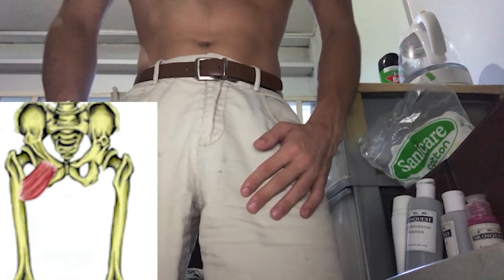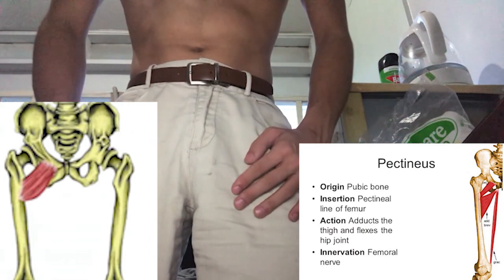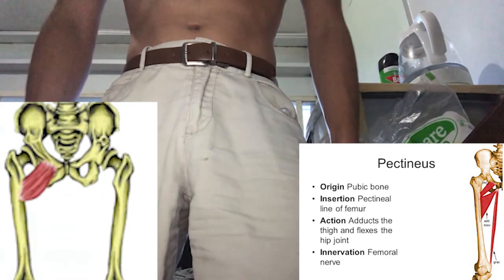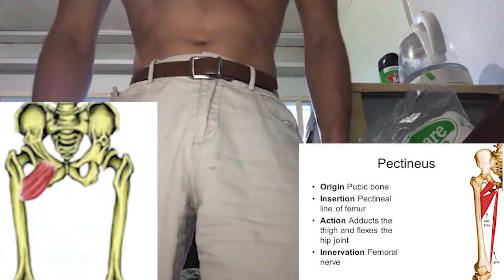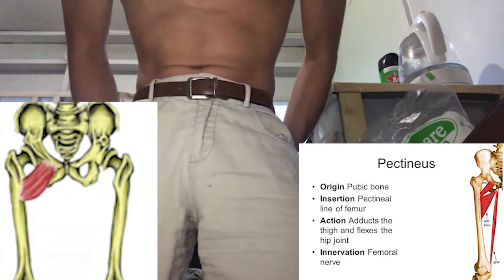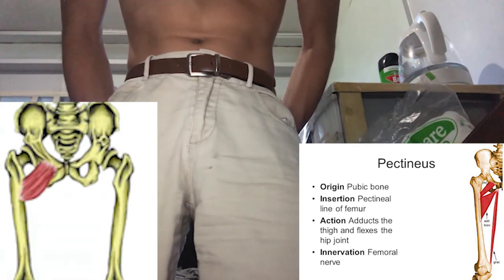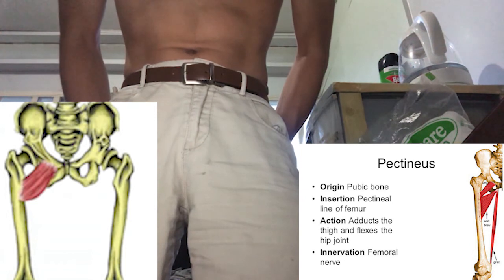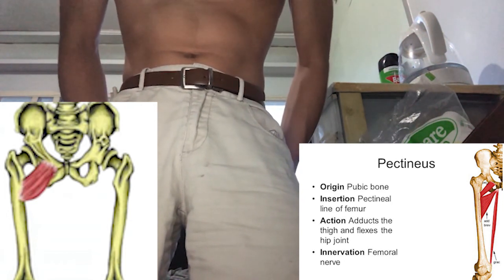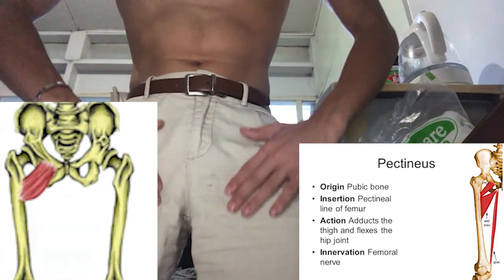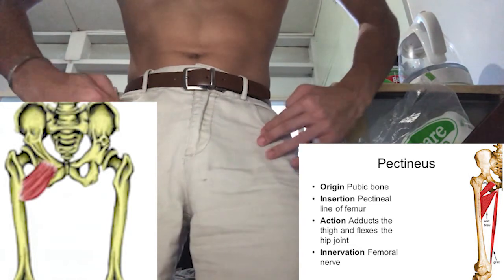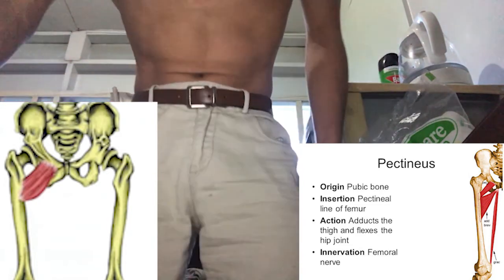The pectineus muscle arises from the pectineal line of the pubis and to a slight extent from the surface of the bone in front of it, between the iliopectineal eminence and pubic tubercle, and from the fascia covering the anterior surface of the muscle. The fibers pass downward, backward, and lateral to be inserted into the pectineal line of the femur, which leads from the lesser trochanter to the linea aspera.